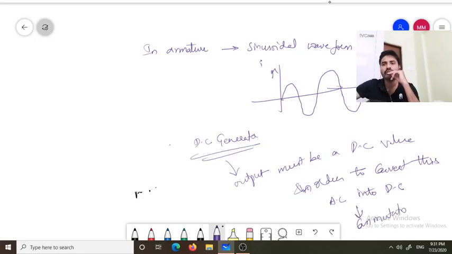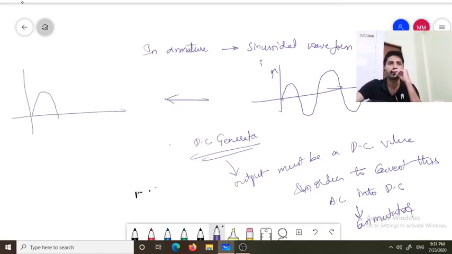Commutator. By using a commutator, we will get a unidirectional value like this. This can be explained in the later class. That means in the armature we are getting a sinusoidal waveform, that is nothing but an AC current.